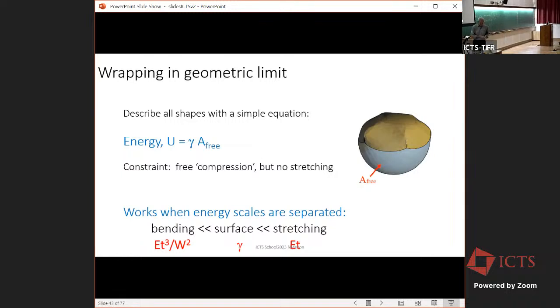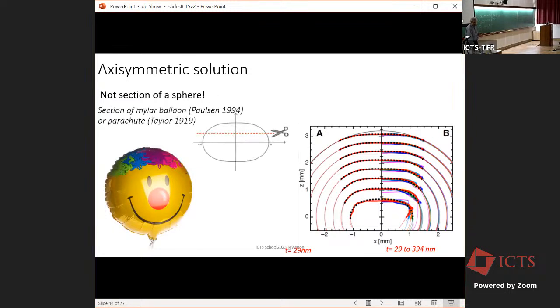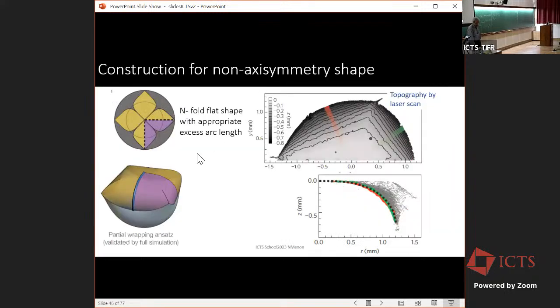So this does something for you that's remarkably different from capillary origami, and this is what you get out of going to much different length scales.